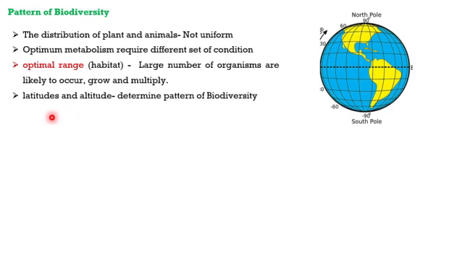Latitude and altitude determine the pattern of biodiversity, because when you move from the tropics towards the north, or down from the north towards the tropical region, these are latitudes: 0 to 30 degrees, 30 to 60 degrees, 60 to 90 degrees.